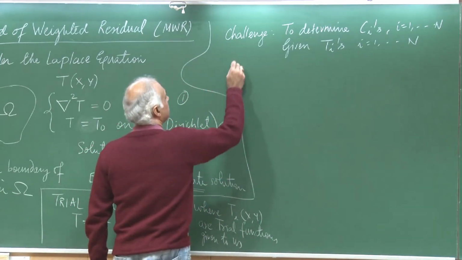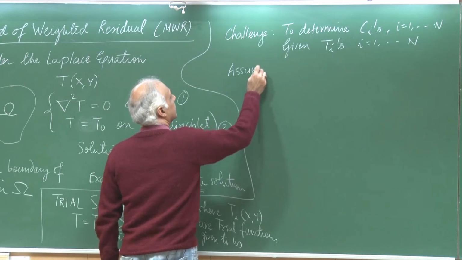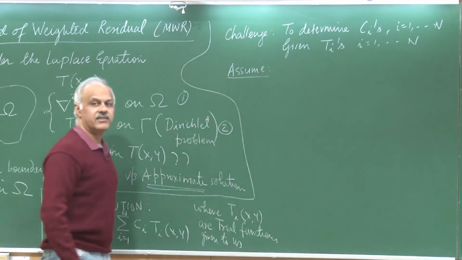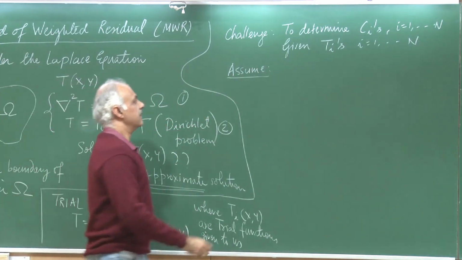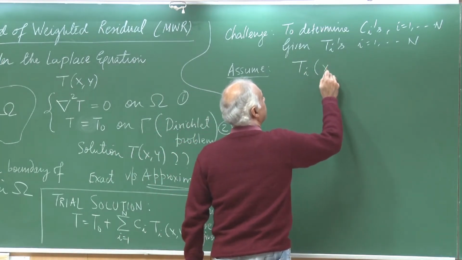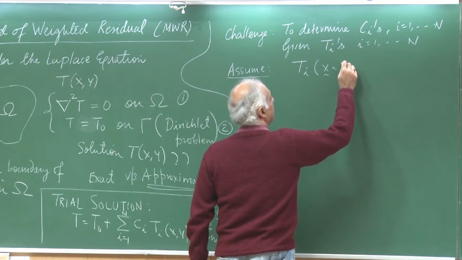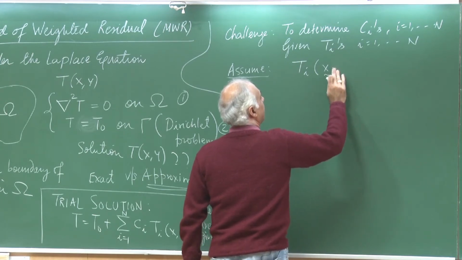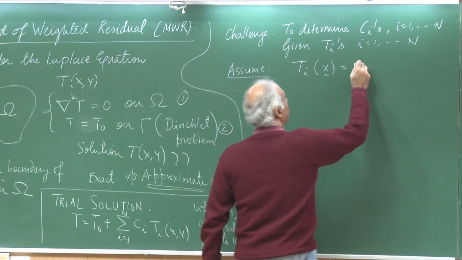So we will assume that these trial functions are very special, that all Ti's on x on the boundary, they are 0.